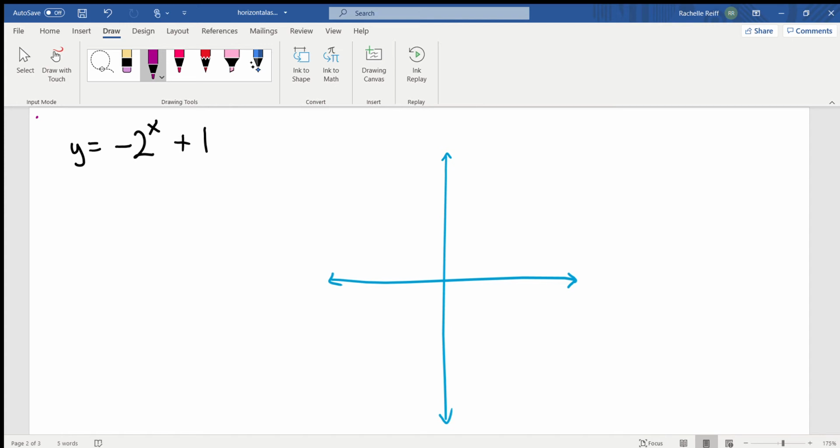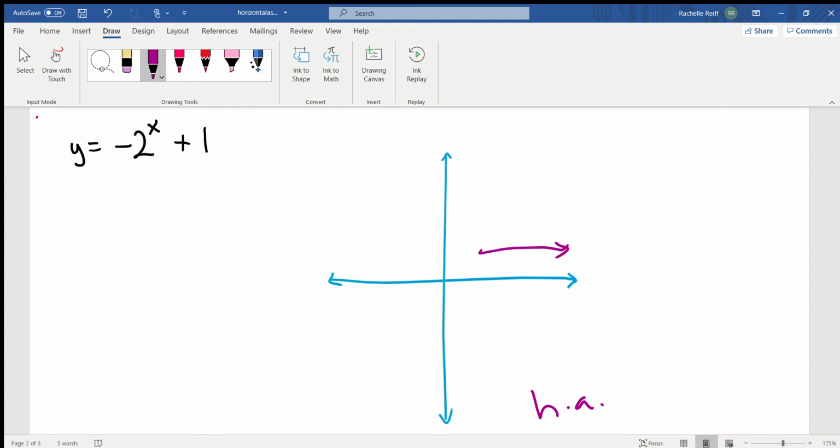So here we go. I don't really care what it looks like here. If I want to know what the horizontal asymptote is, I need to know what it looks like eventually on the right side and eventually on the left side, okay? So what would it look like eventually on the right side?